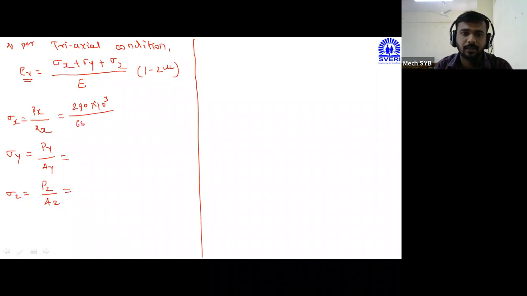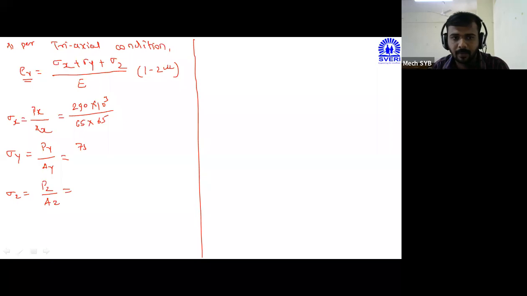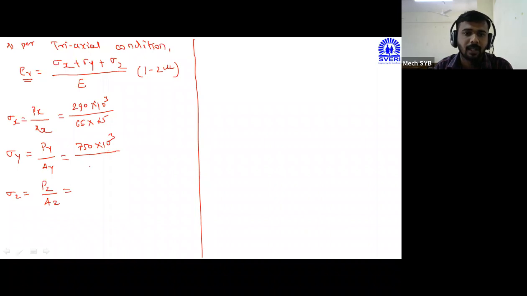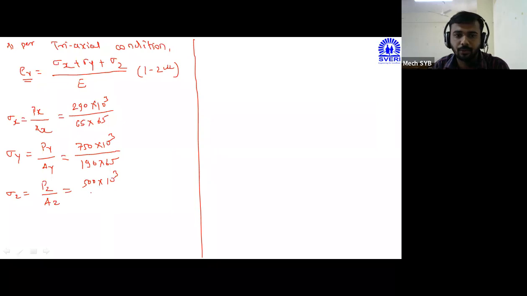Here 65 into 65, that is B into D. Then next force is given 750 into 10 raised to 3 divided by the cross sectional area L into B, so 190 into 65. And last, pz 500 into 10 raised to 3 divided by L into D, which again is 190 into 65.